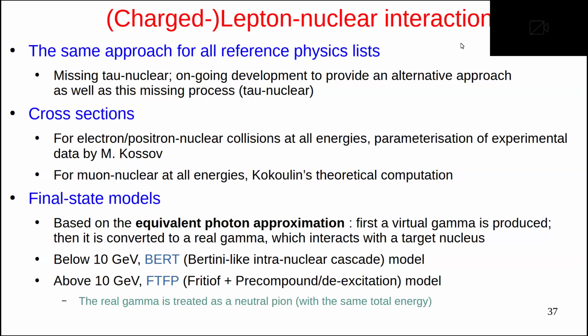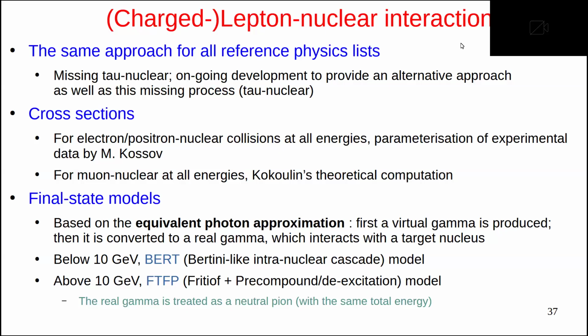For charged lepton nuclear interaction, so electron nuclear, positron nuclear, positive muon and negative muon nuclear, again, currently, we offer only one approach, so it's the same for all physics lists, but we are working on an alternative approach, like for the gamma nuclear, and trying also to cover the tau nuclear.